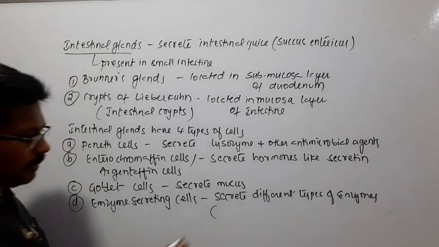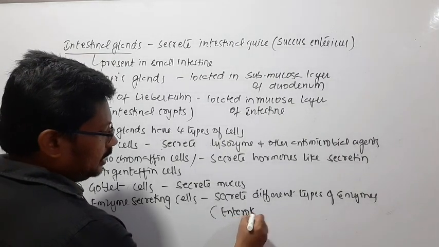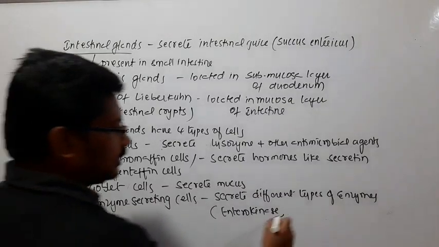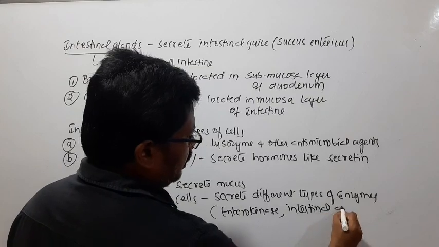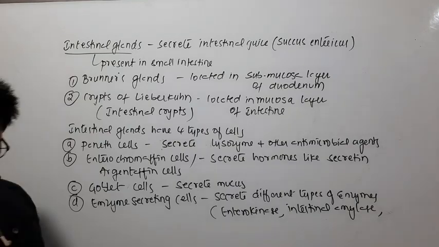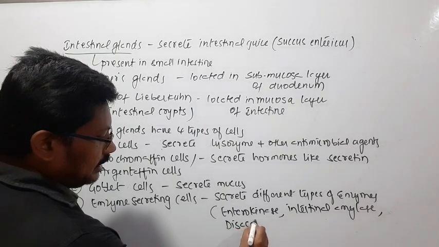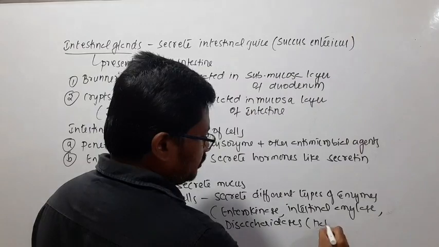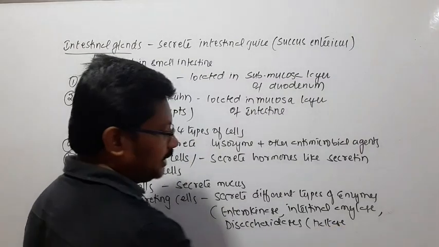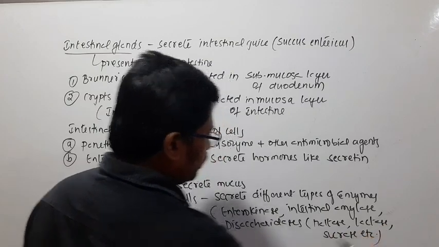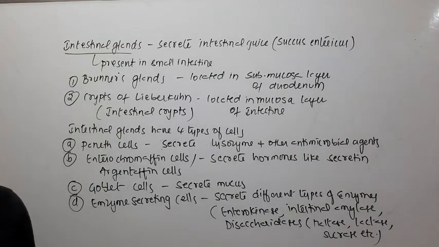That includes enzymes like enterokinase, then intestinal amylase, and then disaccharidases. These disaccharidases include enzymes like maltase, which act on disaccharides, then lactase, sucrase, etc.